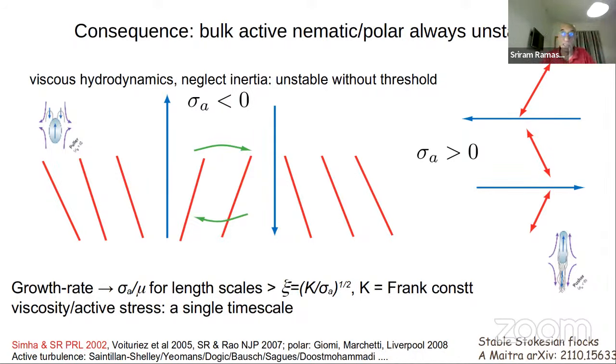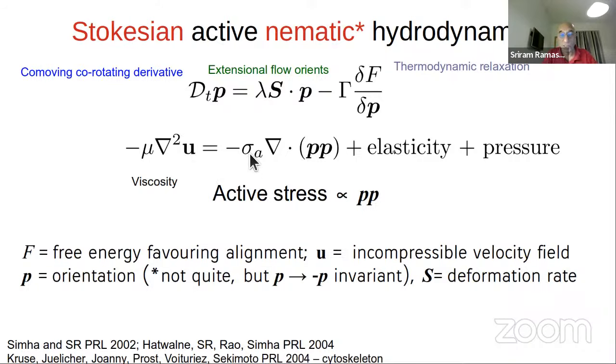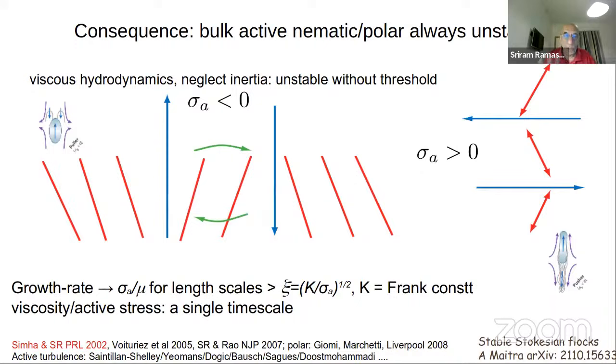What we did just now, as I said, is to pretend that one of the equations isn't a dynamical equation, it's an instantaneous law that defines the velocity in terms of the forces. So I can either say, okay, let's keep track of inertia, or I can say, okay, let's live with this instability of bulk active suspensions in a regime where viscosity dominates, and let's go on and solve other problems. So in my lecture today, I won't worry about inertia.